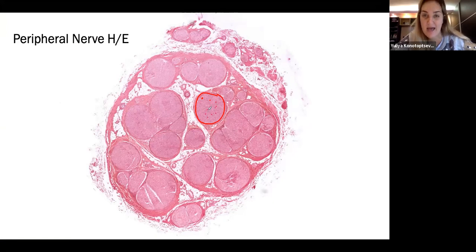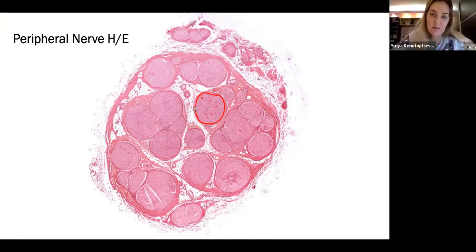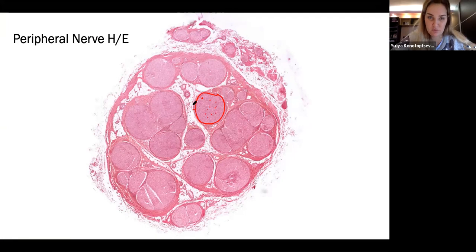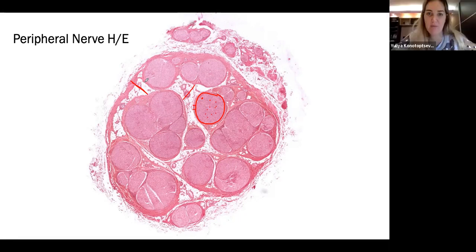What surrounds the axon? Endoneurium. Very good. Okay, so this tissue that surrounds the fascicle is perineurium. Okay, so this is going to be the perineurium. And everything where you see the blood vessel and adipocytes, this is epineurium.